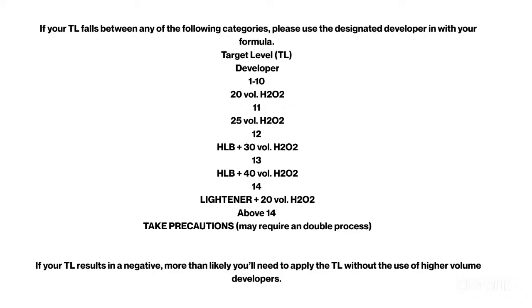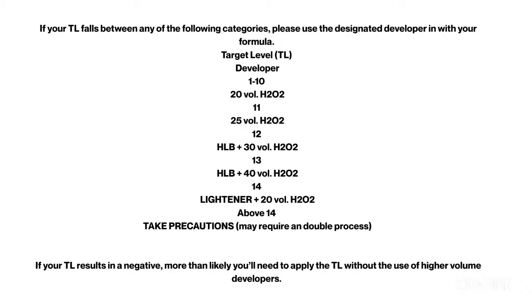Which means the color cannot be found in a regular tube. Okay, you must now elevate to a high lift blonde. And that's what HLB stands for, high lift blonde. If you get a 13, you are going to use a high lift blonde plus a 40 volume H2O2.